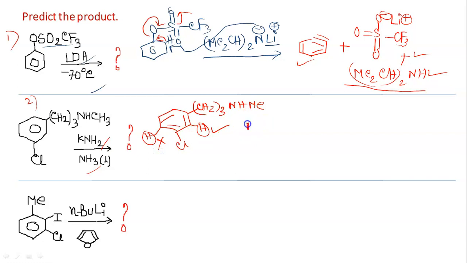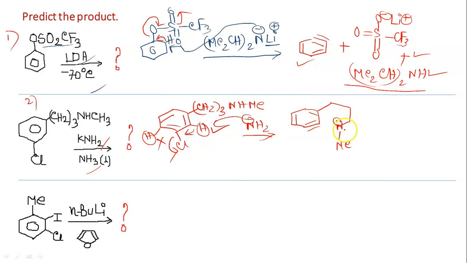Now what is the reason behind that? That you will understand after some time. So it will be captured here, Cl will be removed. So finally what we are getting? We are getting a triple bond. Now I will extend this portion, 3 carbons, 1, 2, 3 in Me.